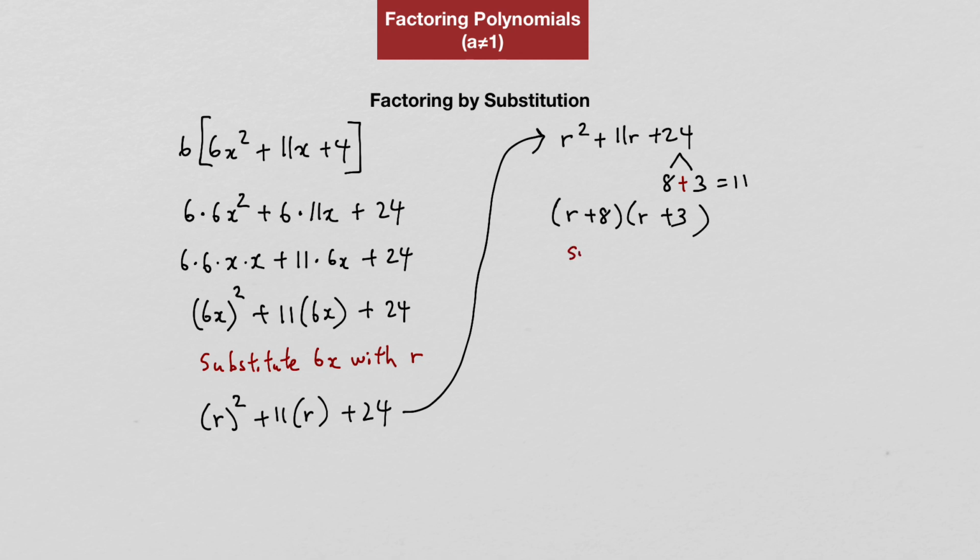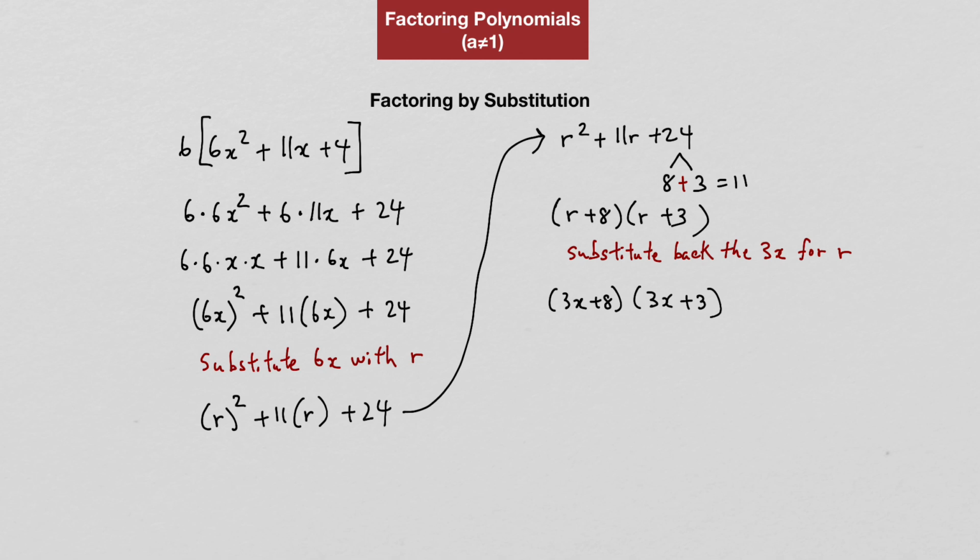Now we're going to substitute back the 3x for r. And we'll go ahead and write in 3x plus 8 times 3x plus 3.